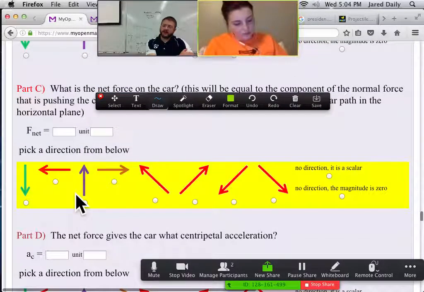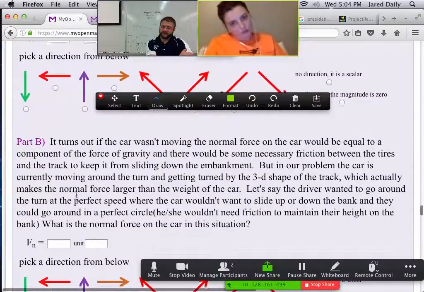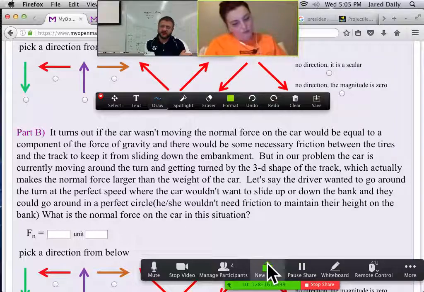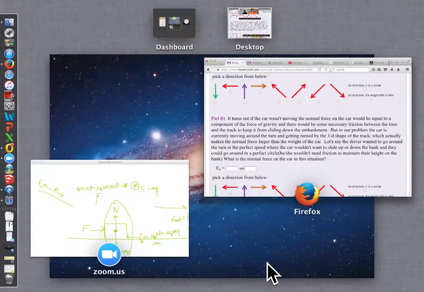So in this situation, what they're saying can be a little confusing because you have to draw a picture. So let's draw a picture.